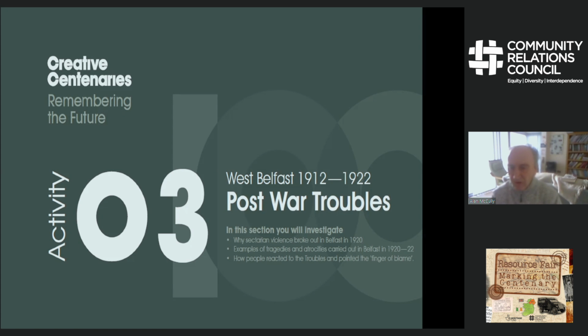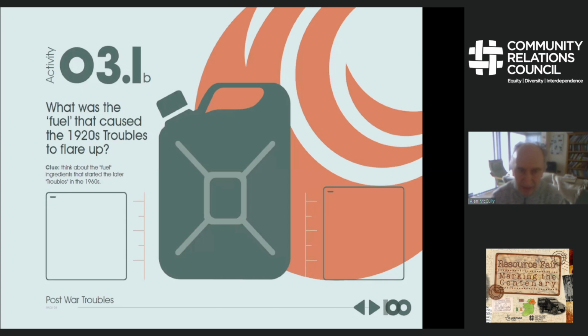So the focus is on the violence of that period, 1920 to 22. And again, we're trying to put a human face on that. Initially, what was it that caused the Troubles in the early 1920s? But all the time that's being mirrored with what happened in 1968 and afterwards for comparison.